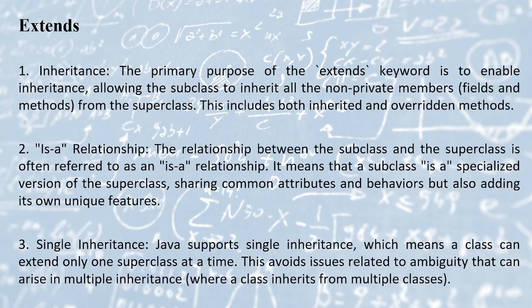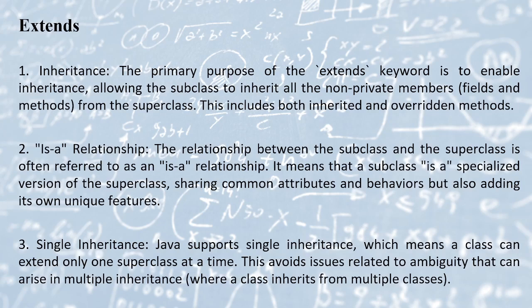This includes both inherited and overridden methods. Overridden methods are methods which are written again with different parameters. We have seen that. Okay, then we have the is-a relationship. This is another very important part. The relationship between the subclass and superclass is often referred to as an is-a relationship. It means that a subclass is a specialized version of the superclass.